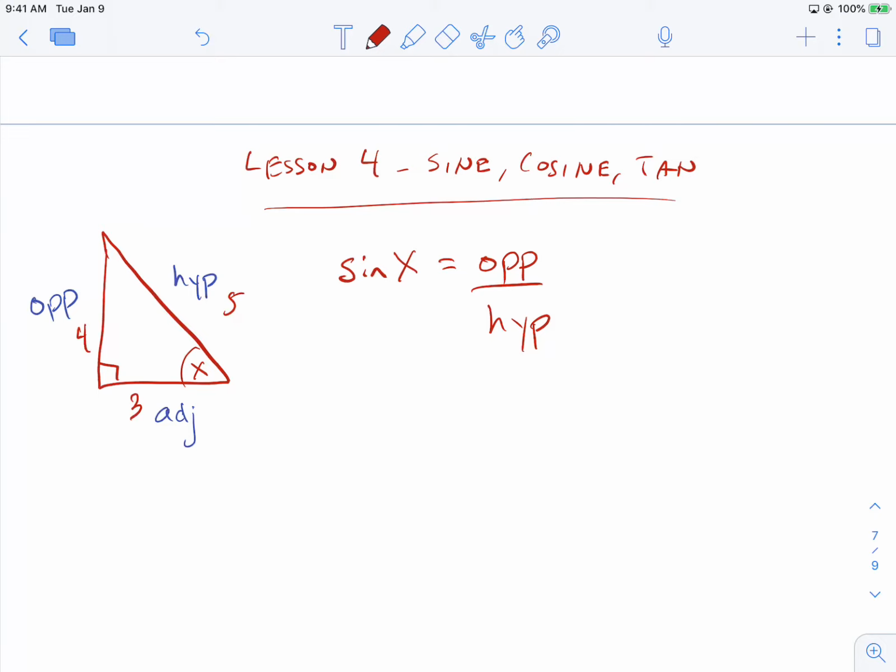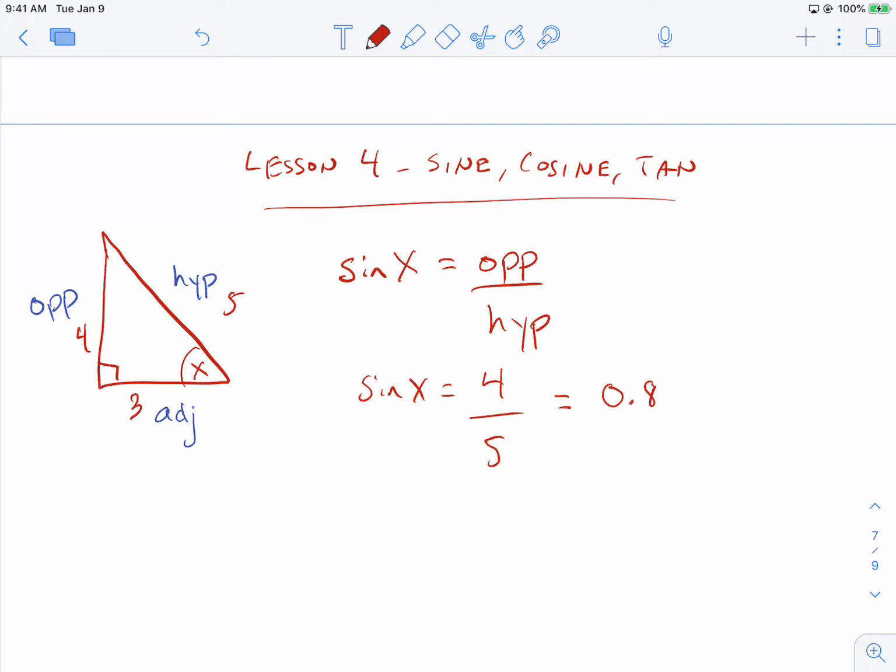So for sine x, sine x equals our opposite, which is 4, over our hypotenuse, which is 5. Perfect. Okay, so if we took that one step further, sine x equals 0.8. Excellent.